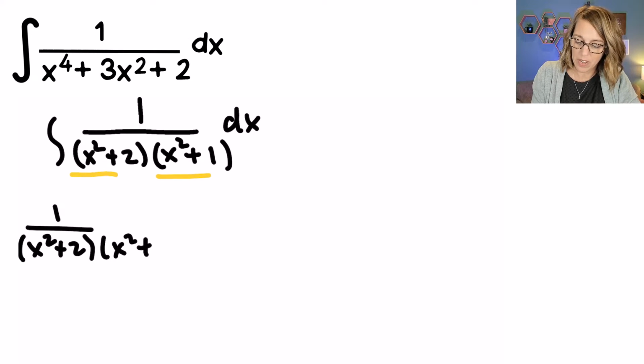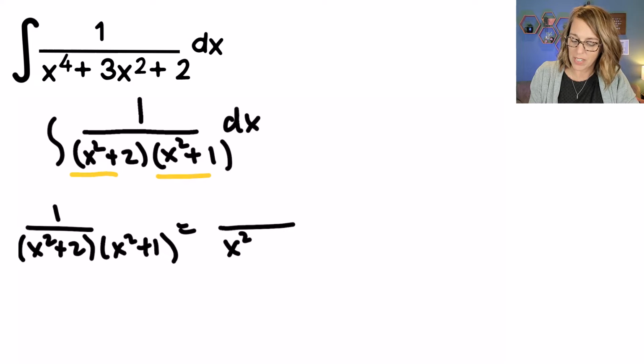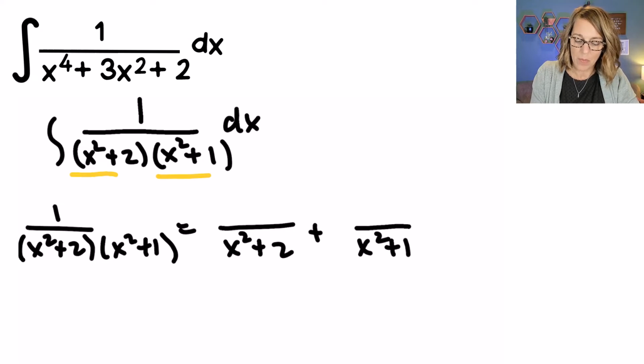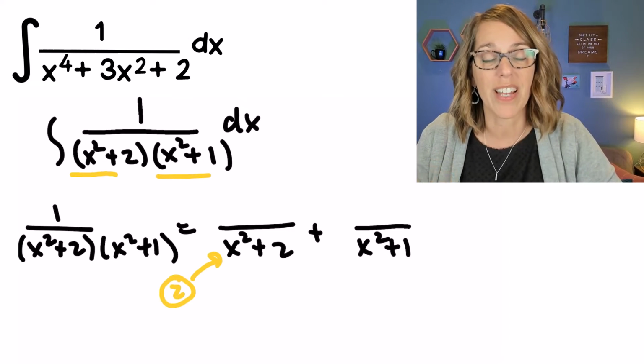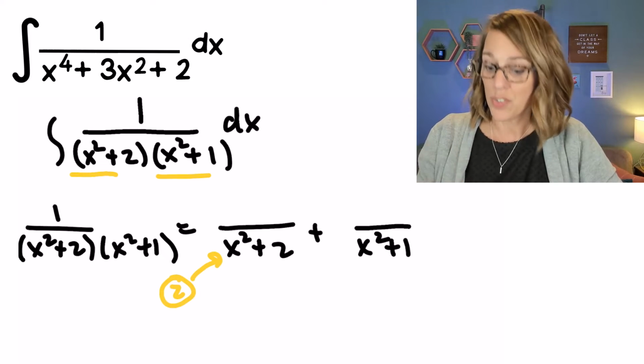x squared plus 1 is equal to, and I know that I need to set this up as a sum of two rational expressions, with denominators x squared plus 1 and x squared plus 2. Now, both of these are degree 2, and in order to make these proper rational expressions, I need my numerators to be degree 1.